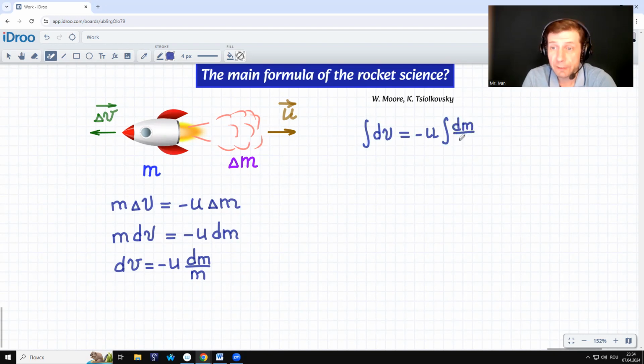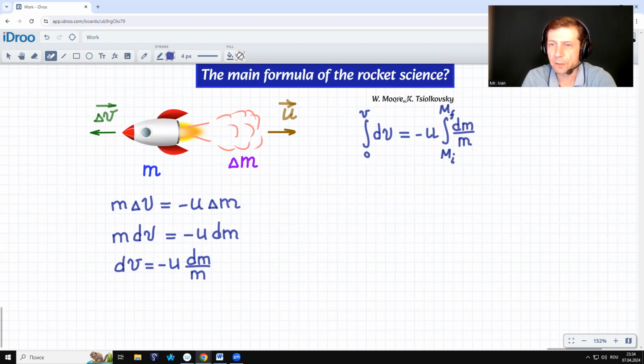We'll talk about a definite integral because we know the initial mass of the rocket and the final mass of the rocket. Let's consider the initial speed to be equal to 0 here, and the final speed is just v, the achieved speed. Then let's say the initial mass was m initial, and then m final.